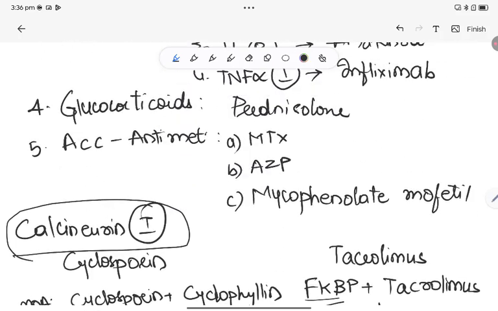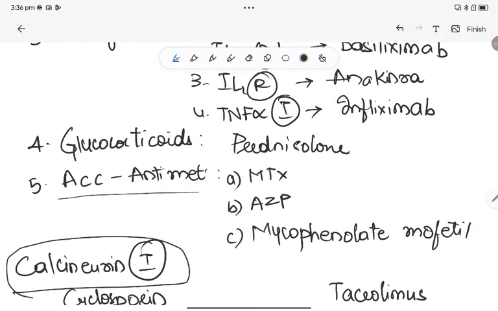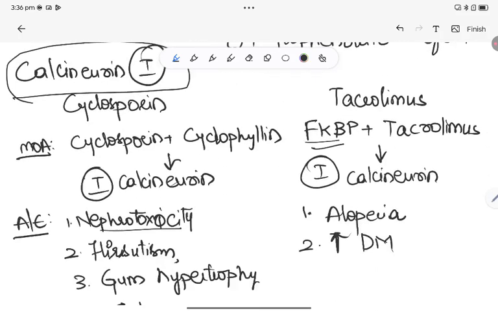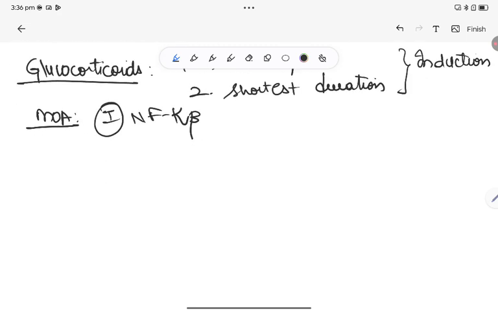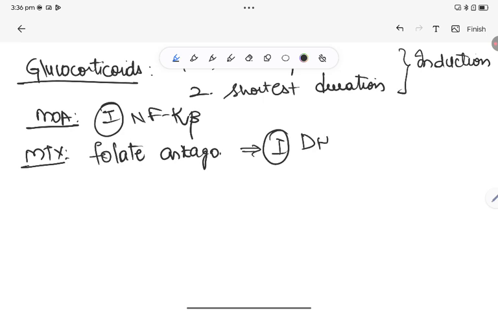And then comes our last group, anti-cancer chemotherapy, the anti-metabolites. Methotrexate is a folate antagonist and it inhibits dihydrofolate reductase as well as thymidylate synthase, because of which replication does not happen.